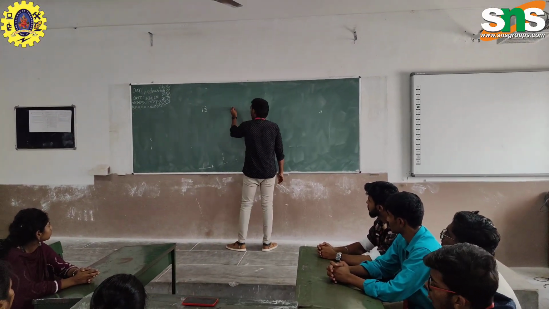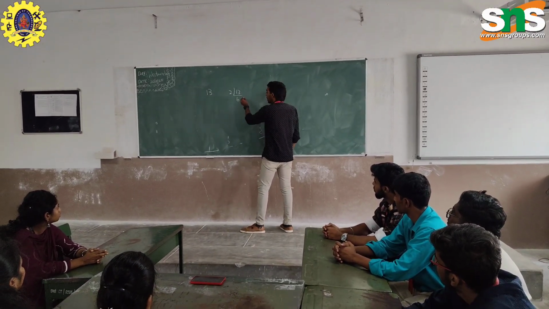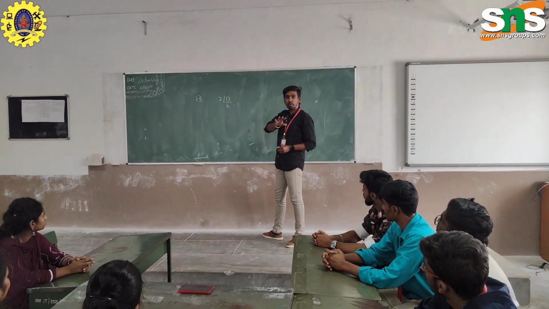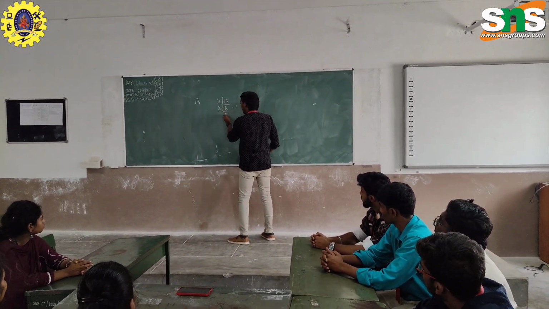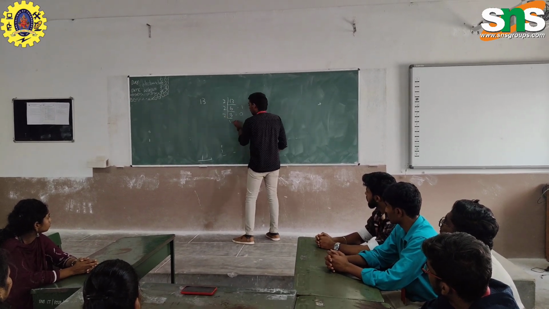2 sixes are 12, the remainder is 1. We always need to remember the remainder. It is very important to remember the remainder for the conversion of decimal to binary. So again I divide it. 2 threes are 6 and the remainder is 0. Again 2 ones are 2, the remainder comes to 1.